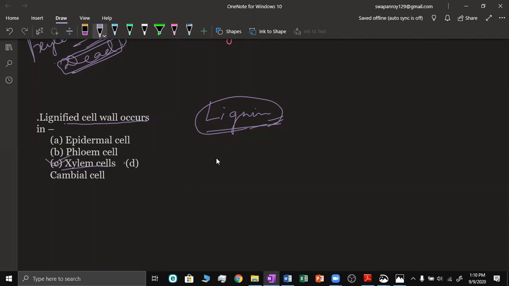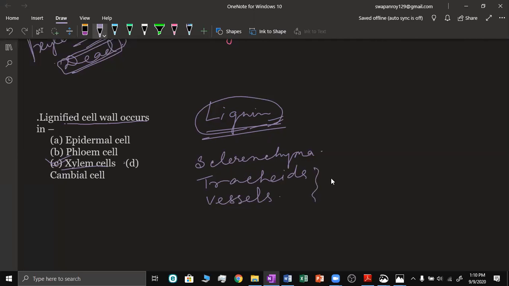In the xylem cells particularly, say sclerenchyma, tracheids, and vessels, these are components of the xylem. They are lignified.